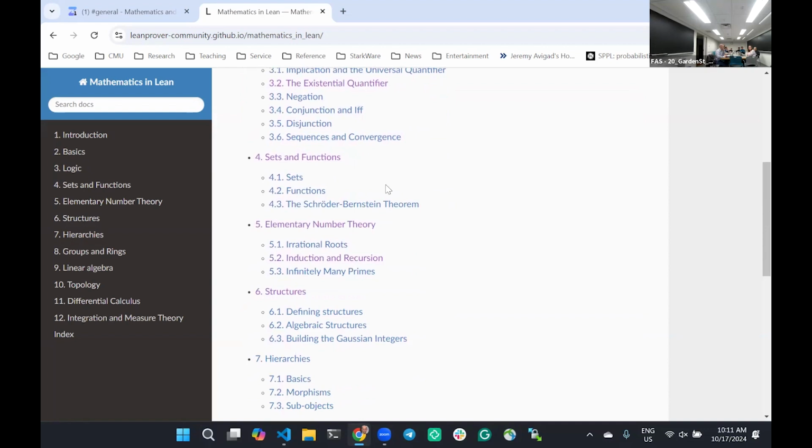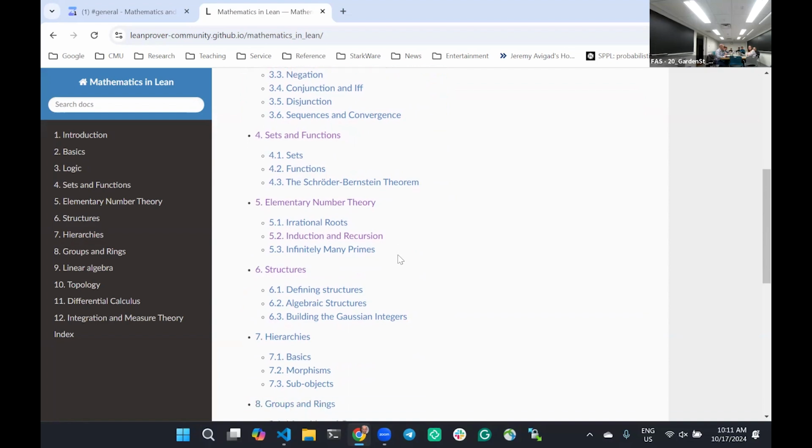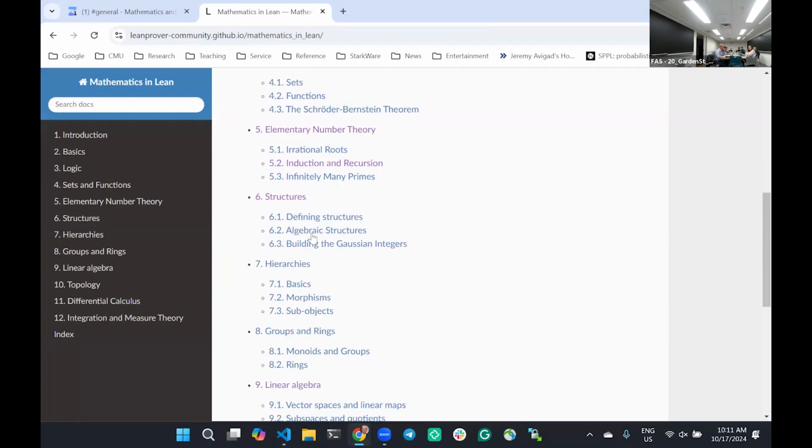If we were to move on after that, we'd be doing sets and functions, function images, and unions and intersections. We've seen a couple of proofs by induction. But then, about halfway through the book, come structures and hierarchies. It's these sections that talk about the handling of algebraic structures that I'm just giving you a quick overview of. But Lean uses for this a mechanism called type class inference.